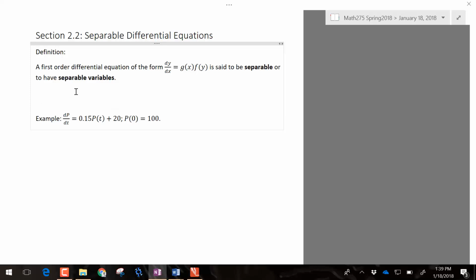And before we do an example, let's do one example of a separable differential equation. And this is the example that we saw earlier.